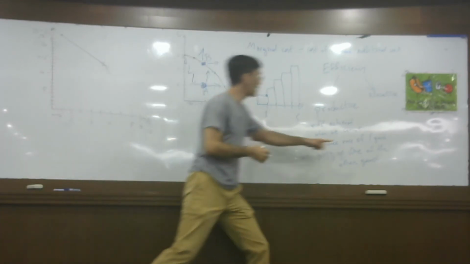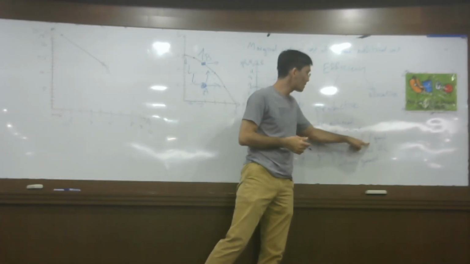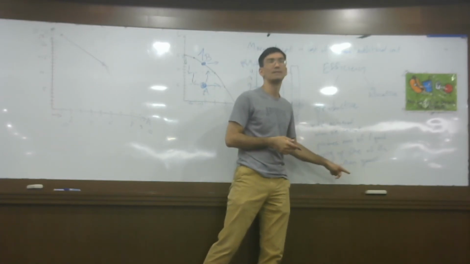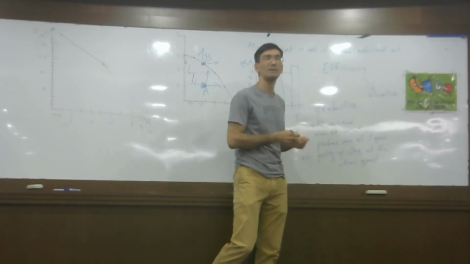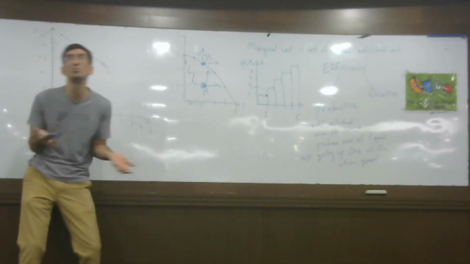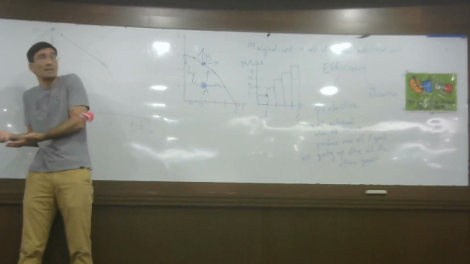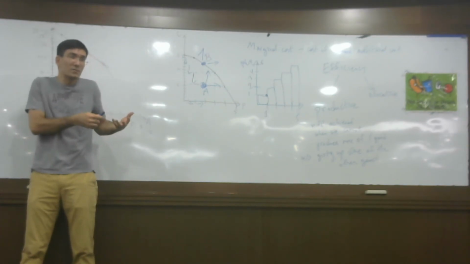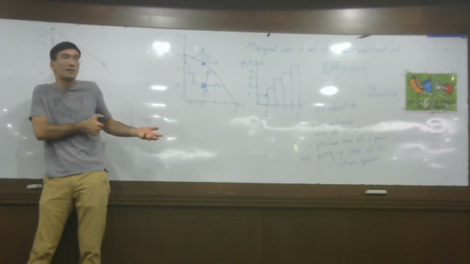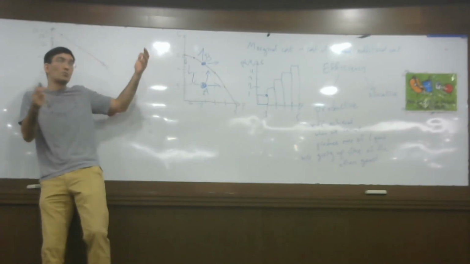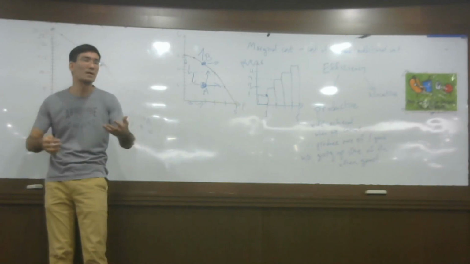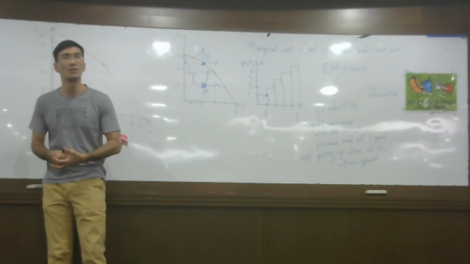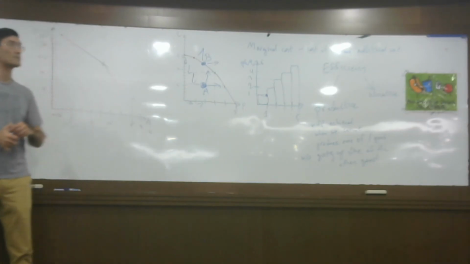So I cannot have more cake without giving up some pizza. So now it makes sense, right? We're already at the edge of what we can do, so we are already efficient. We're not wasting time. If you want me to write more essays, I gotta spend less time on presentations because I'm already working hard. Okay, that's the meaning of productive efficiency.